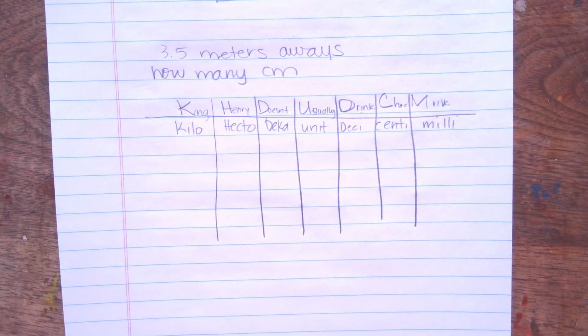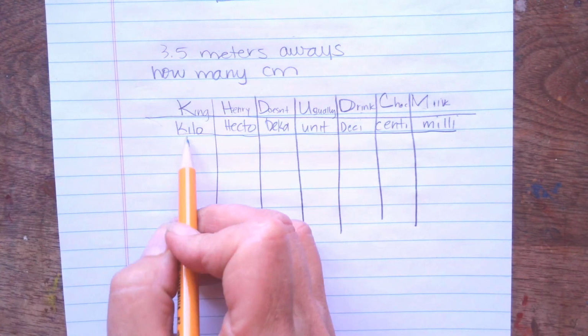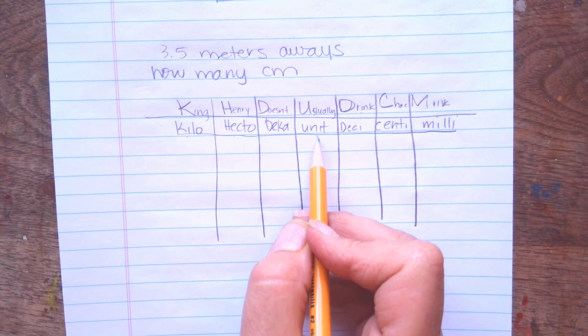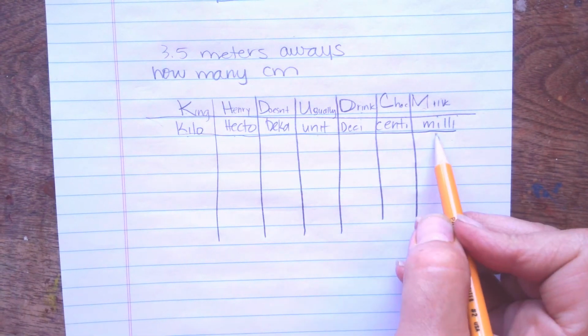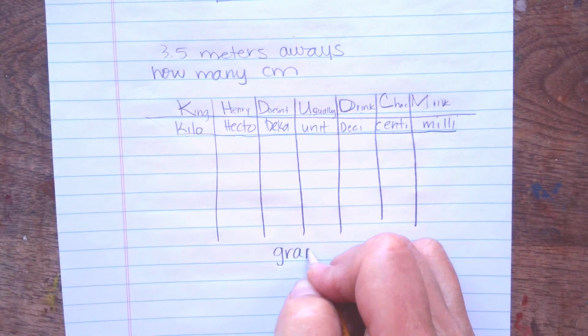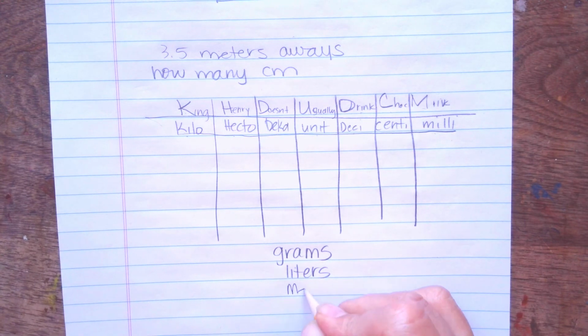So you're going to write that out like I just did. And then under it, we're going to see what this stands for. It stands for kilo, hecto, deca, unit, deci, centi, and milli. Now, we might have grams, we might have liters, and we might have meters.